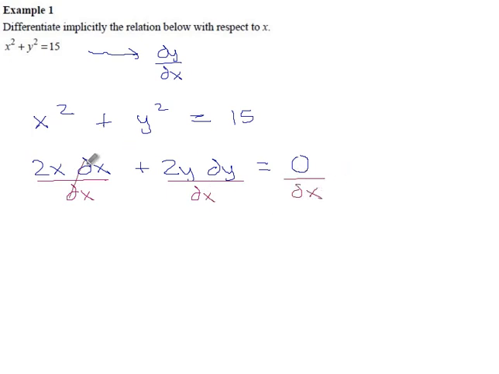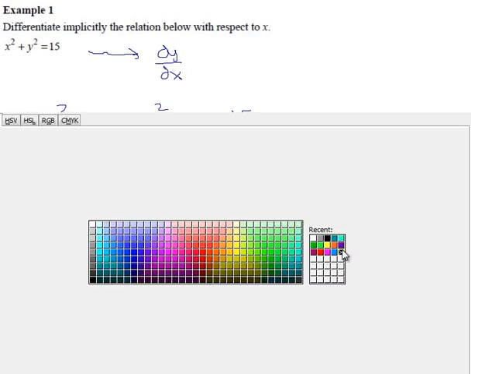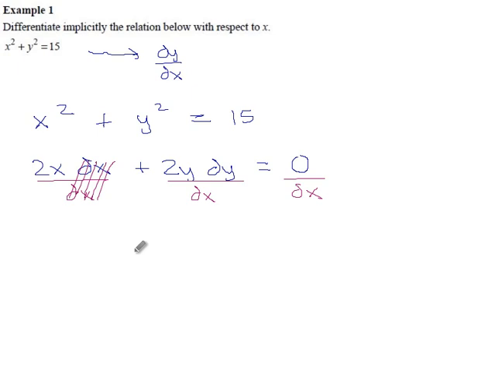And what happens? Well, these dx's cancel. And we get 2x plus 2y dy dx equals, and 0 divided by dx is still 0. So now we must solve this for dy dx, because this is our slope.